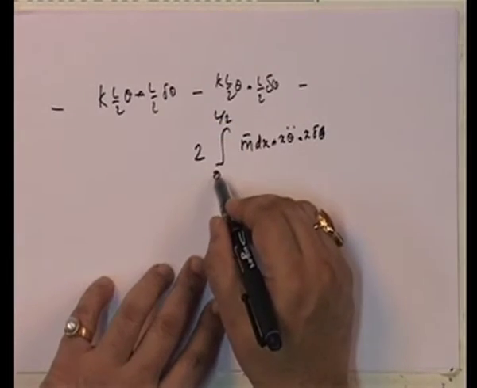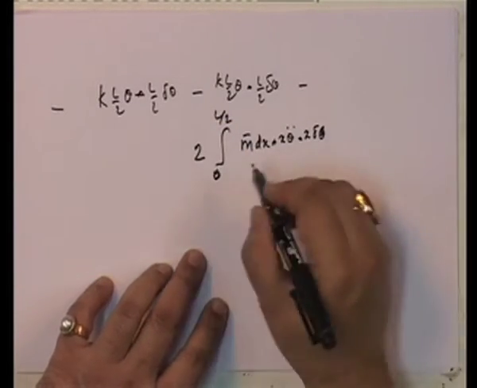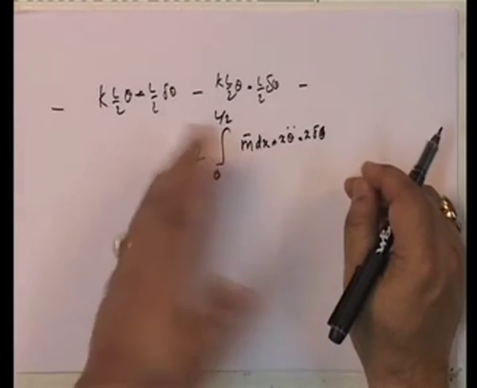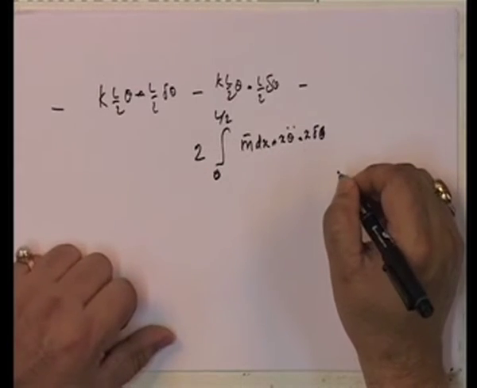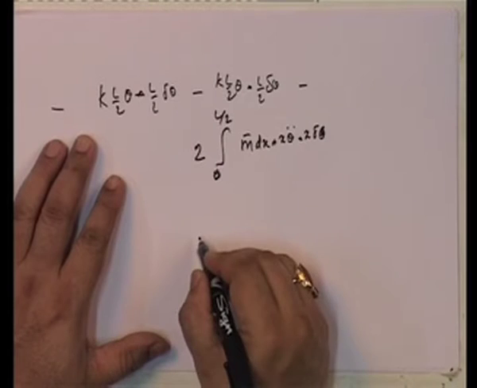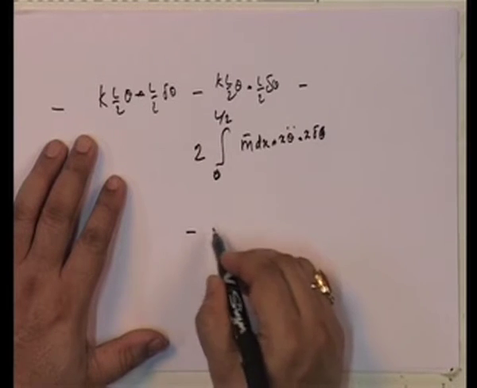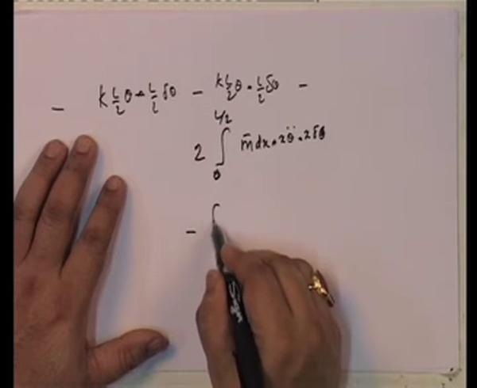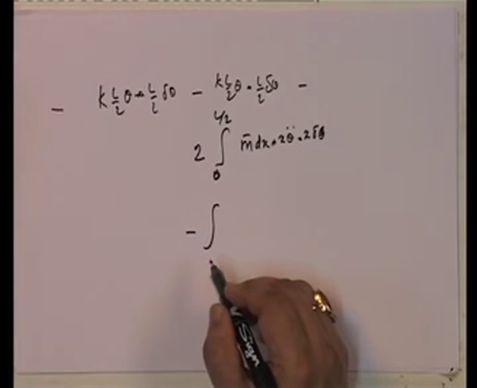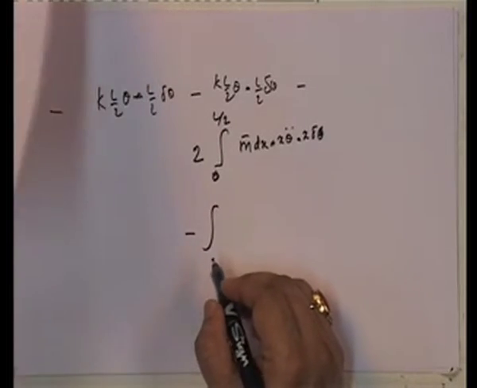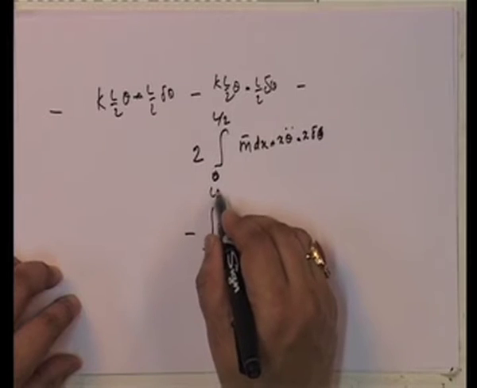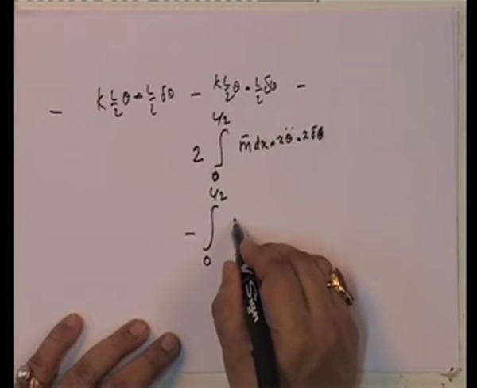So, integrated from 0 to L by 2 and twice, because both sides are doing identical work. And then finally, I have minus, and this is the work done, and this is again negative work done. So, this is going to be 0 to L by 2.